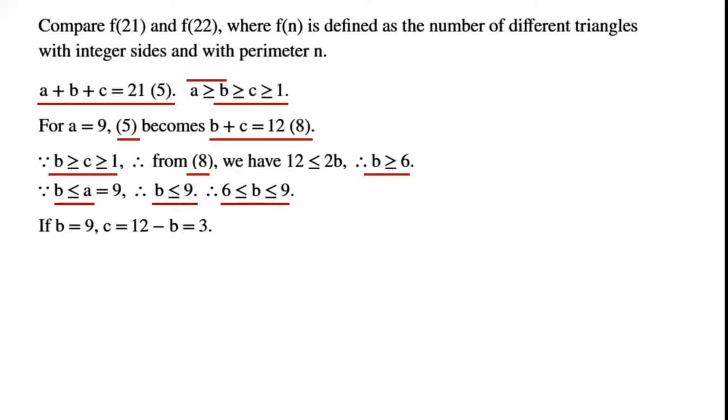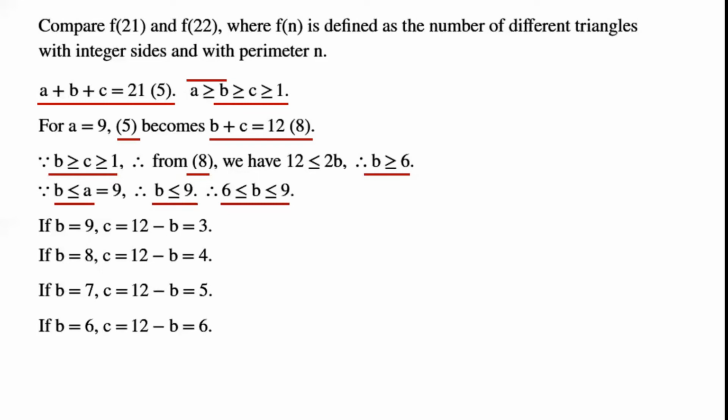If b = 9, c = 12 − b = 3. If b = 8, c = 4. If b = 7, c = 5.